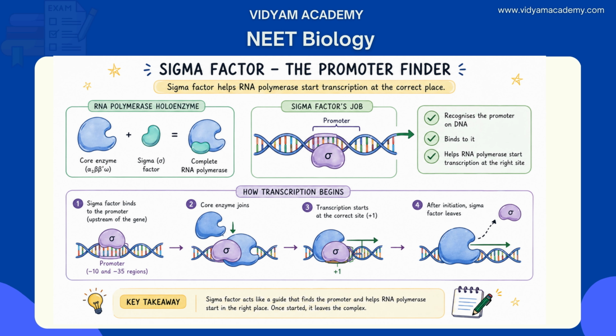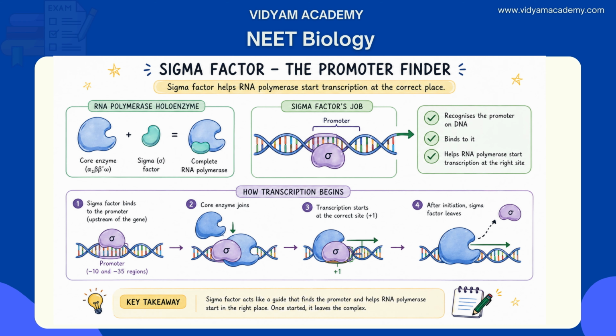The complete RNA polymerase holoenzyme in prokaryotes is core enzyme plus sigma factor. The core enzyme alone can synthesize RNA but cannot locate the correct starting position on the DNA. The sigma factor specifically recognizes the promoter, the DNA sequence upstream of the gene, by binding to 2 conserved elements: the -10 element, for example the Pribnow box, and the -35 element.